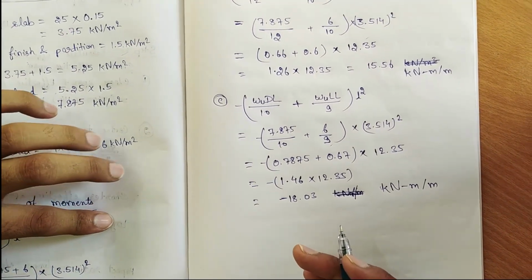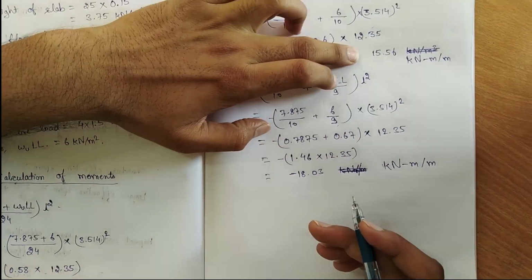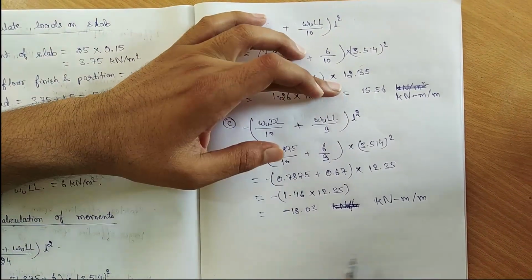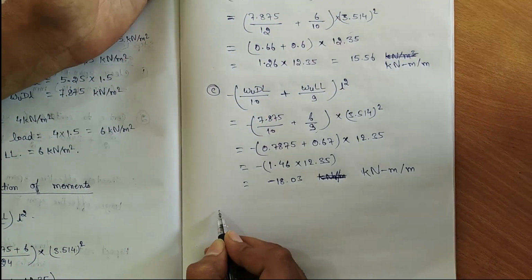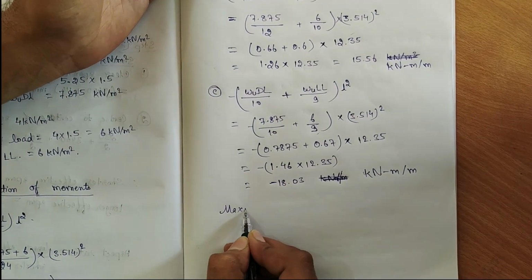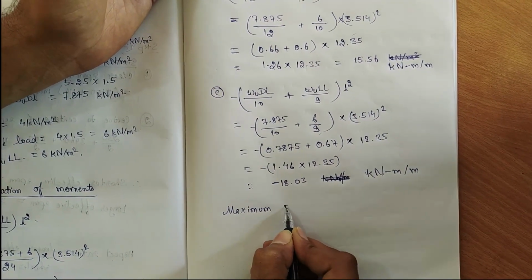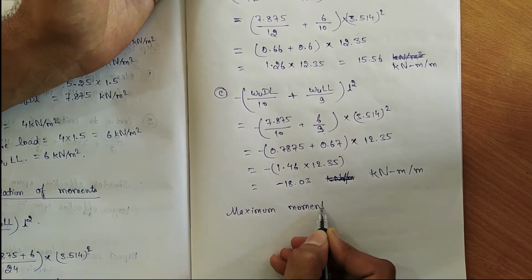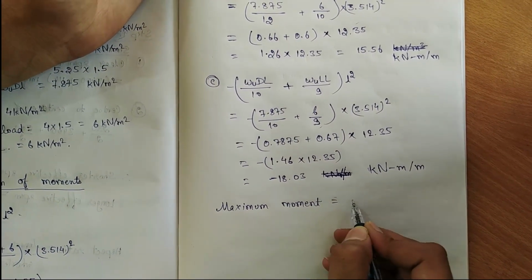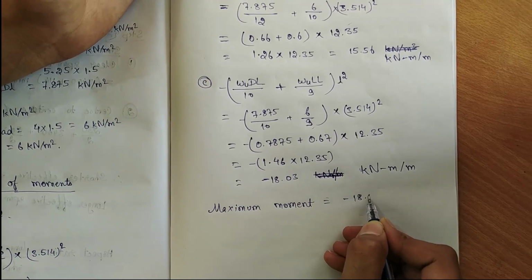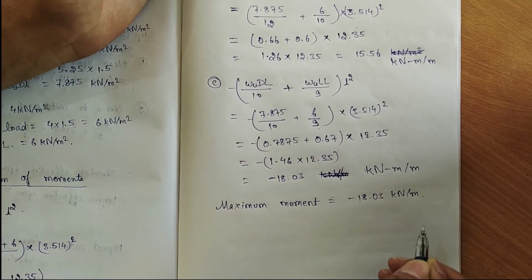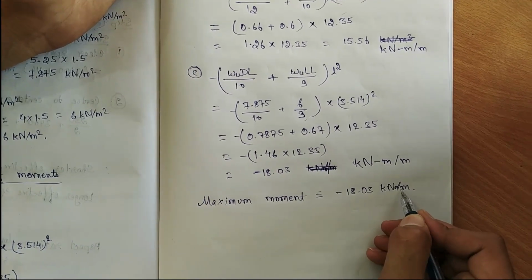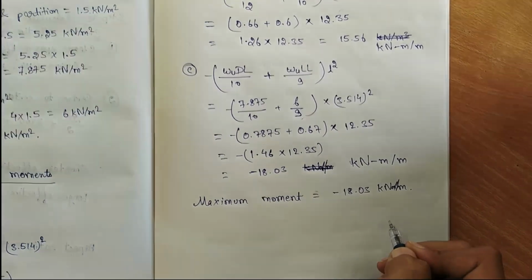So it's 7.163 here, 15.56 here, and 18.03 here. So the maximum moment is equal to minus 18.03 kilonewton meter per meter.